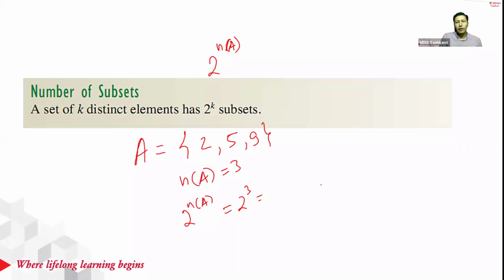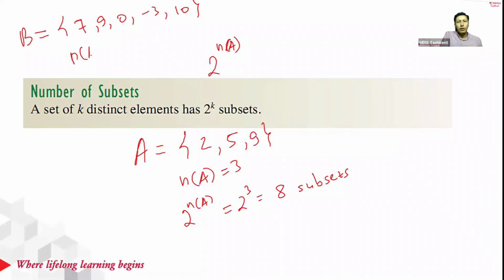So there are 8 subsets of set A. B: 7, 9, 0, minus 3, 10. n(B), what's n(B)? How many elements? 5. So 2 to the power of 5 is 32. There are 32 subsets of set B.